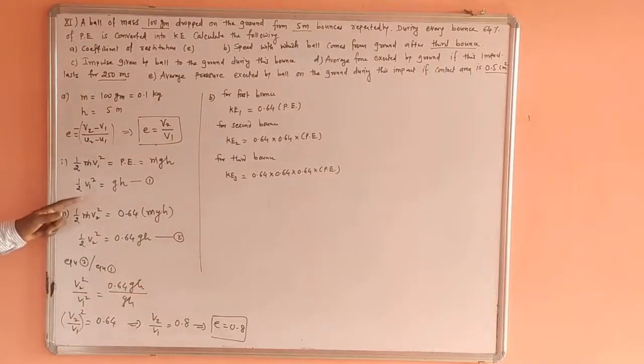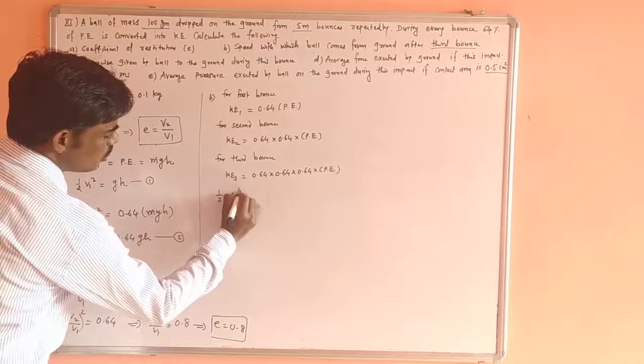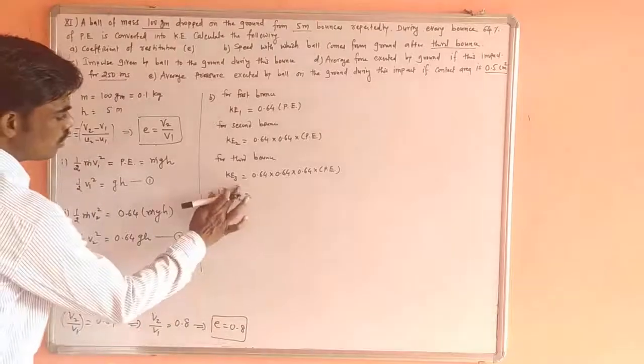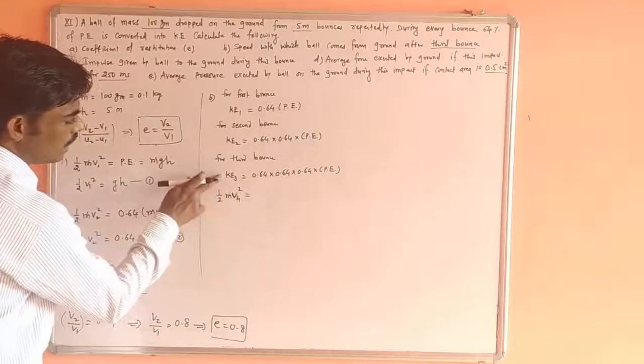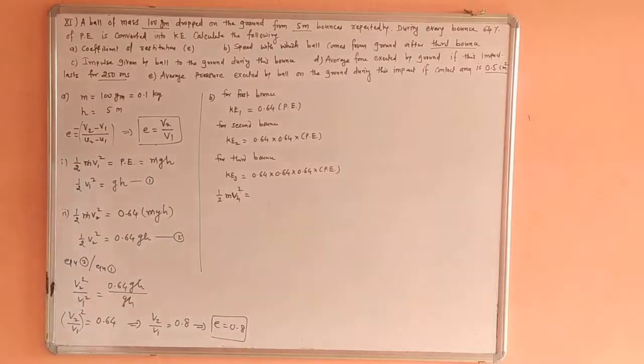So actually we have taken the first velocity as v1, so it will become v4. So half m v4 square, though it is the kinetic energy of the third bounce, the velocity we will represent as v4.